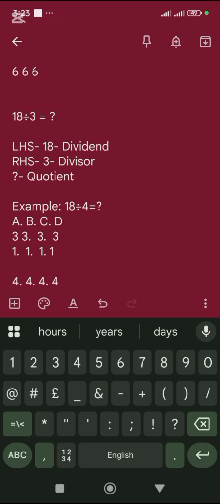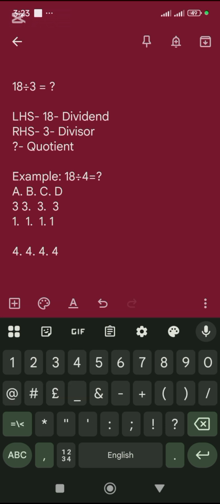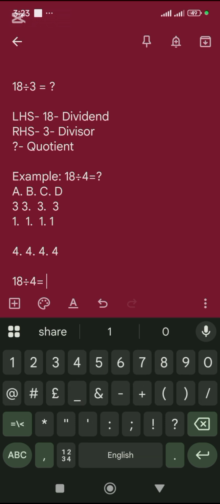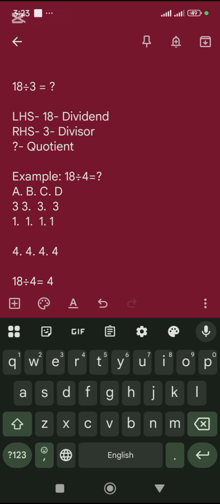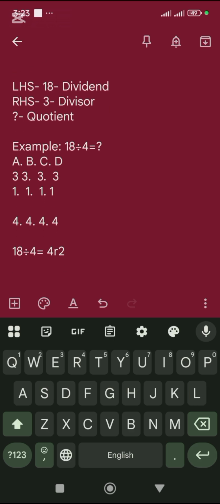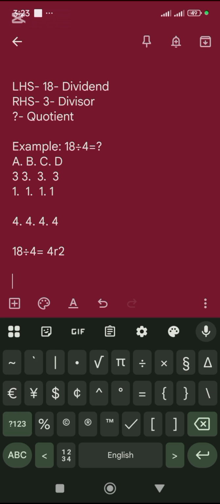So in the case of 18 divided by 4, each group receives 4, remainder 2, because you have 16, then you still have a remainder, which is 2. And this becomes your answer. So this is how we perform division without remainder and division with remainder. We are going on to see how we can use this symbol in division.